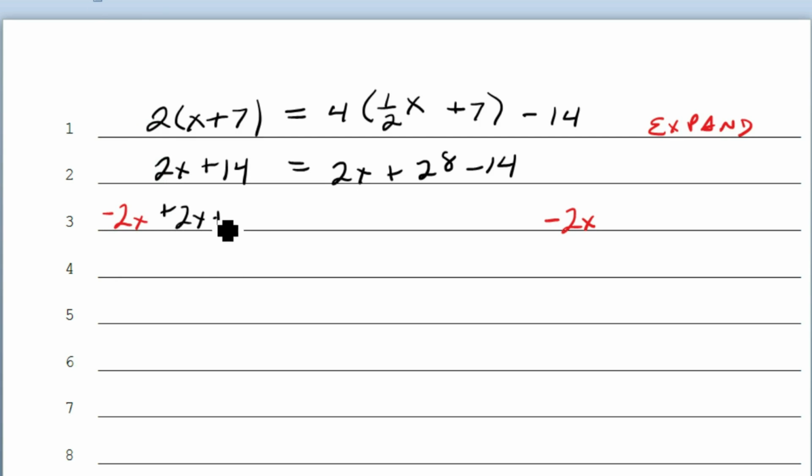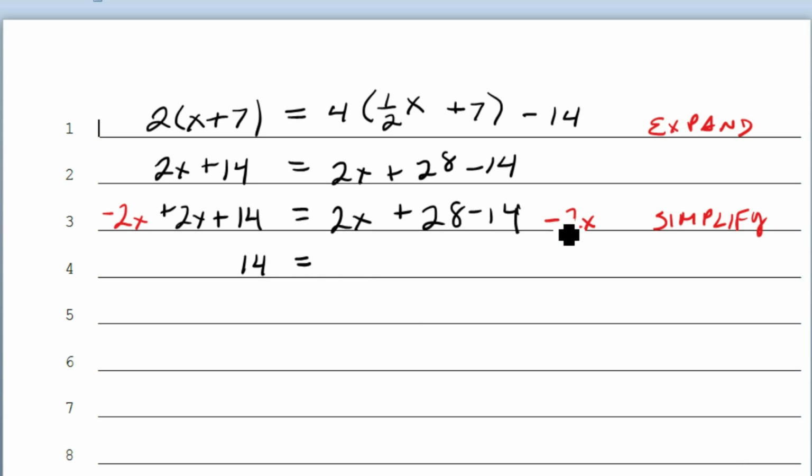Minus 2x, and everything else stays the same. Plus 2x plus 14 equals 2x plus 28 minus 14. And then simplify, collecting like terms. Minus 2x plus 2x is 0. You'll have 14 on this side.